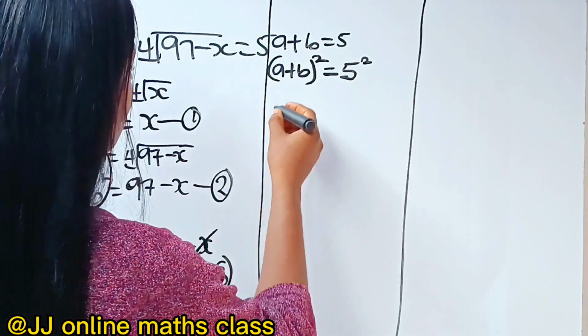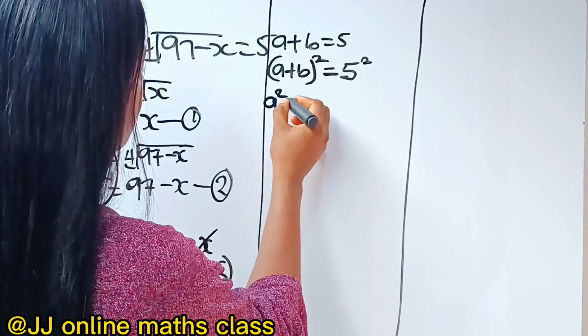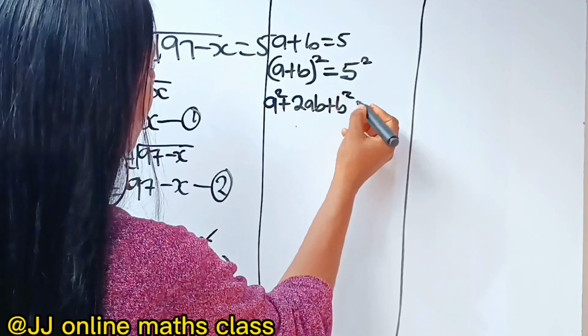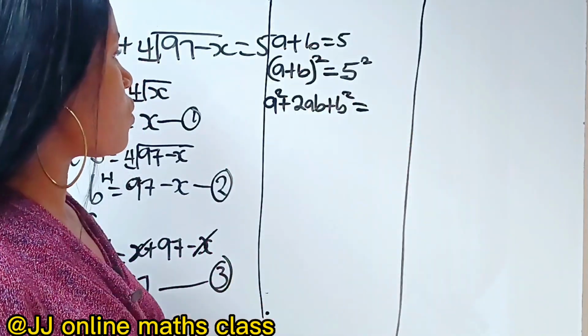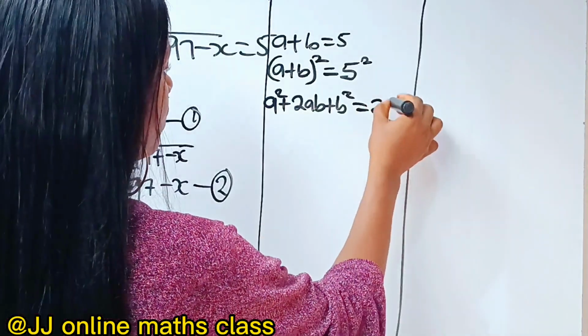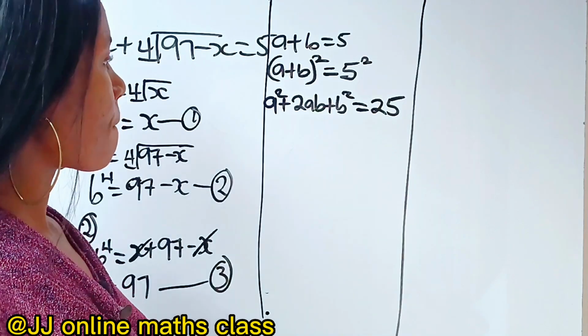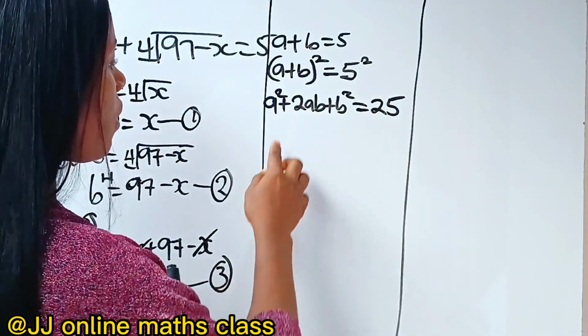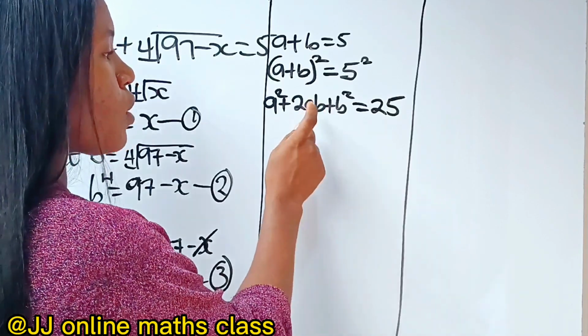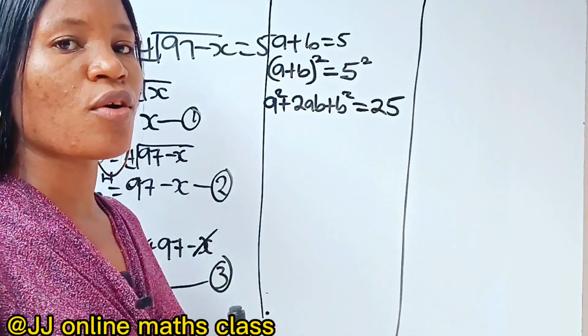So we have A squared plus 2AB plus B squared is equal to 25, since 5 squared gives us 25. All right. Now let's bring out A squared and B squared and transfer this plus 2AB to the other side of the equation.